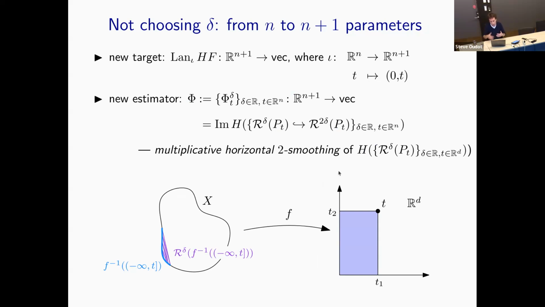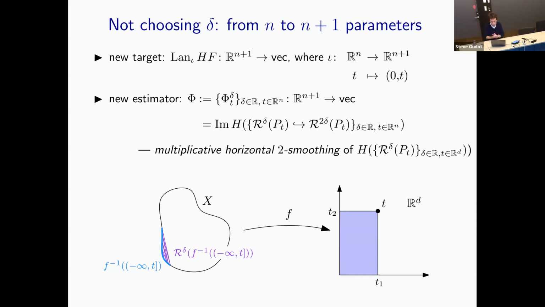Why smoothing? For the same reason as before: if you take a single delta, then you might not get a good estimator. So we took a pair of deltas, and now we're going to let delta increase from 0 to plus infinity. It could be that a single delta at every value of delta is sufficient, but I don't know.